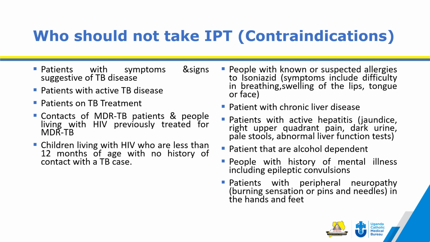Chronic liver disease, hepatitis, with complaints of right upper quadrant pain, dark urine, pale stools, patients that are alcohol dependent, with a history of mental illness including epileptic convulsions, and anyone with peripheral neuropathy before starting INH, burning sensations or pins and needles, do not qualify as well for IPT. So in brief, those are the people who do not qualify and should not be initiated on INH.